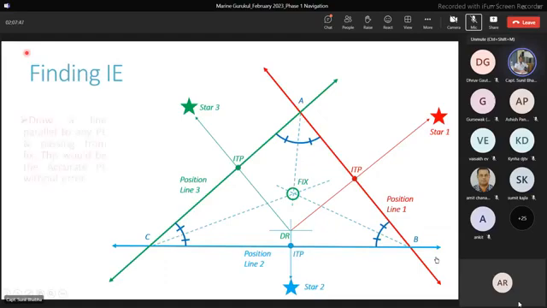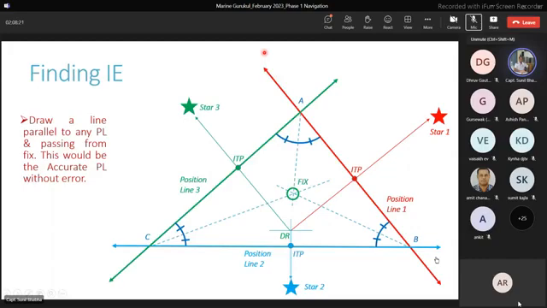Now for finding out this error, you have to pick up any of the position lines. Any one of the 3 PLs can be picked up. For our example, let's pick up the first position line, the red color PL. We can use any of the position lines to find out the error. So in the example, we are using our first position line to find out what the error was.